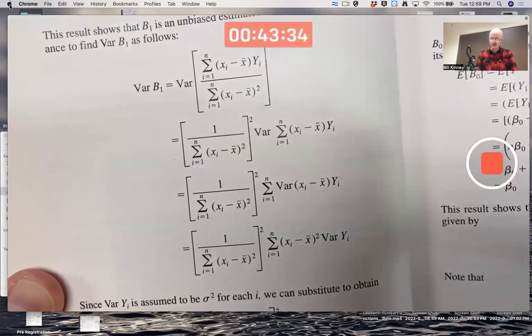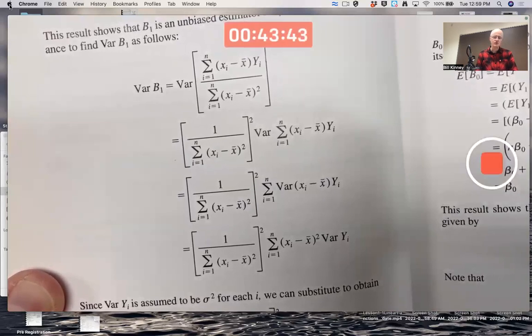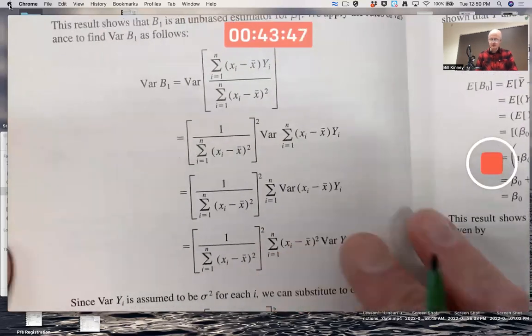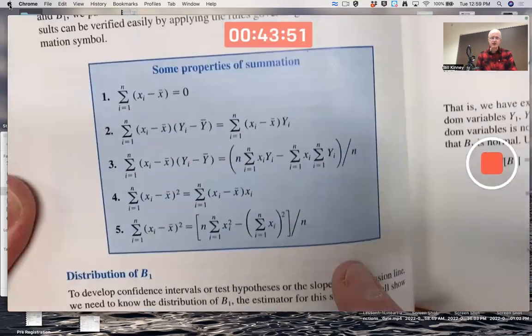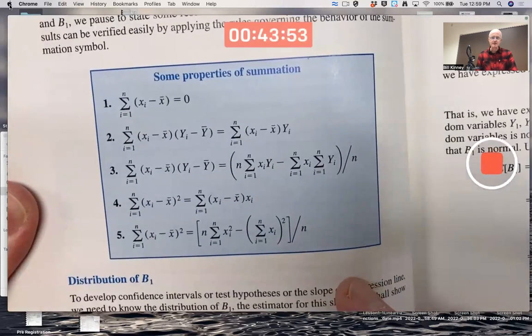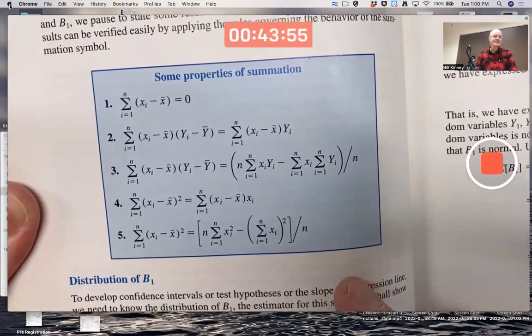It's just that with all the summations and so forth, it's really difficult to wrap your mind around unless you really concentrate and try some of the calculations yourself. It's based on some convenient formulas in this box, properties of summations, that are not obvious. Proving these is not super difficult, but it's not obvious why these should work.